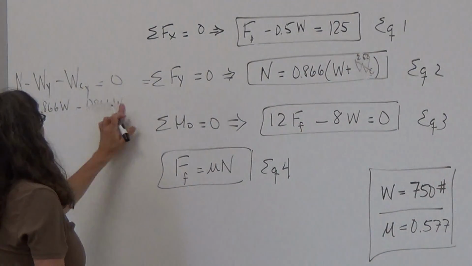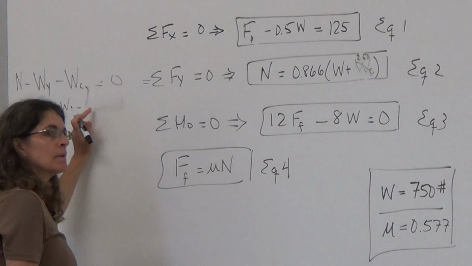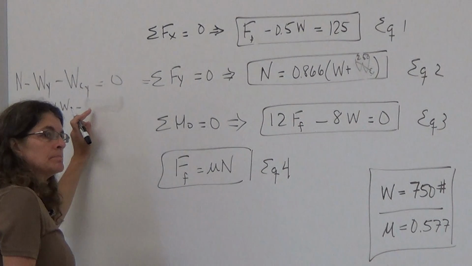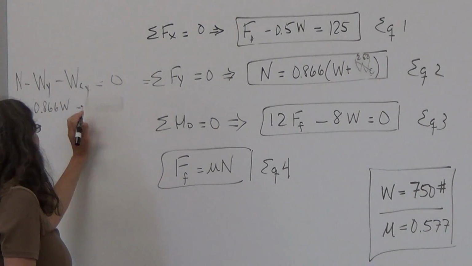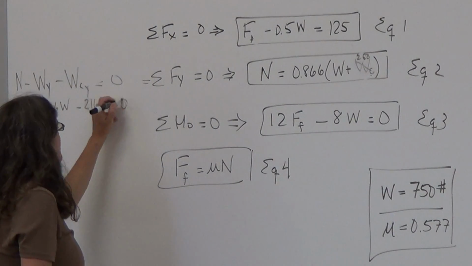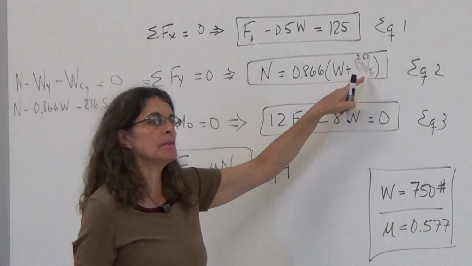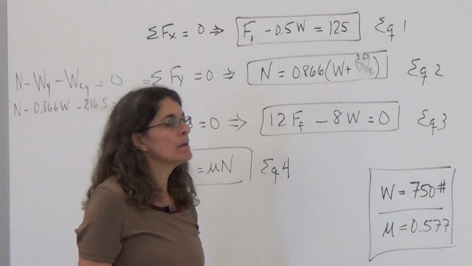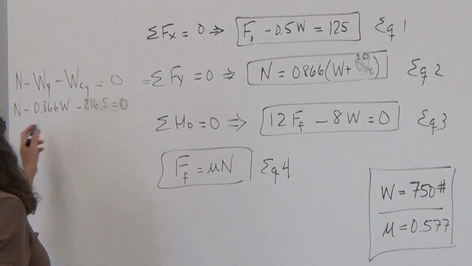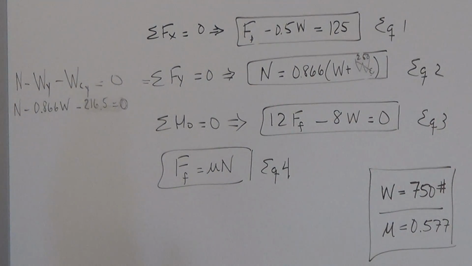So what was this one equal to? What's WCY, Santiago? WCY is negative 216.5. Okay, equals 0. So what I just did is I left the 0.866 times WC in there. I didn't plug in the 250 yet. Right? And this equals 0, and then I can solve. Same thing. Yes.